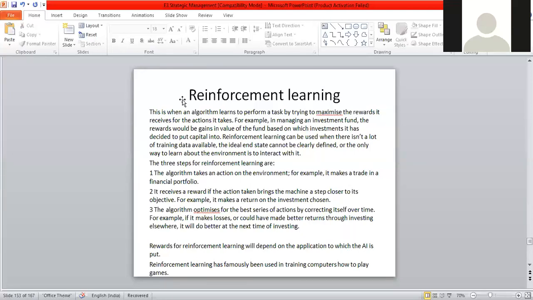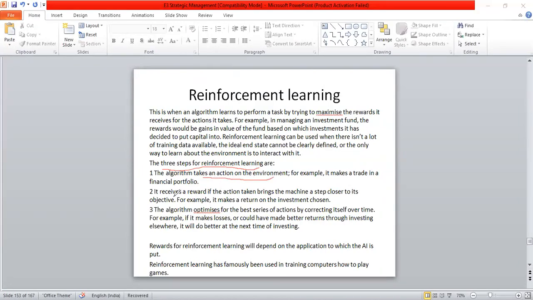What are the three steps in reinforcement learning? First, the algorithm takes an action on the environment. It receives a reward if the action taken is successful. Then the algorithm optimizes the best series of actions by correcting itself over time.